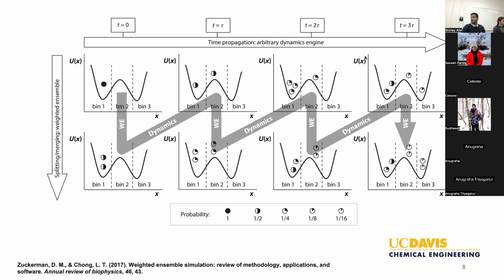As soon as you split, if you're generating a new random seed at that point, your kinetics is unreliable. You're breaking the kinetics. No, not exactly. We're splitting the probabilities and weights in a statistically correct way.